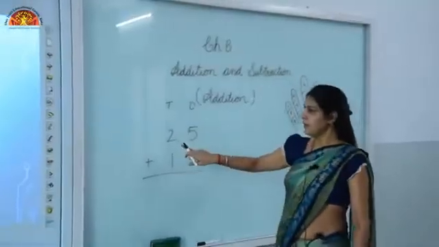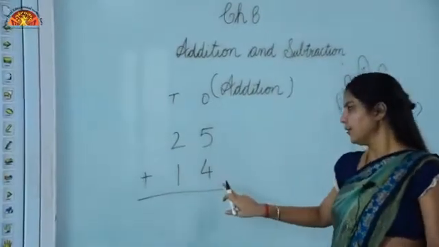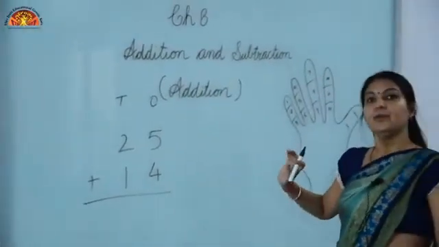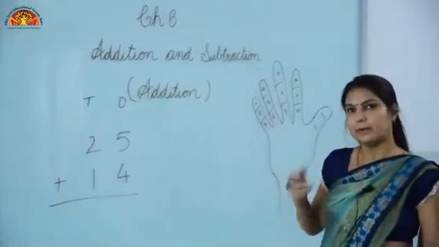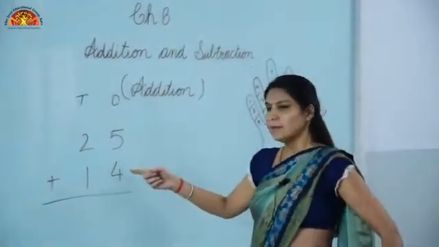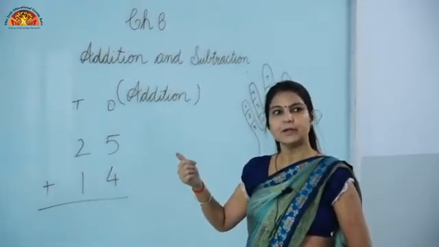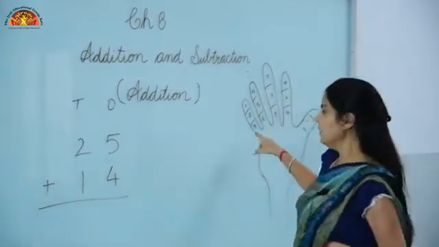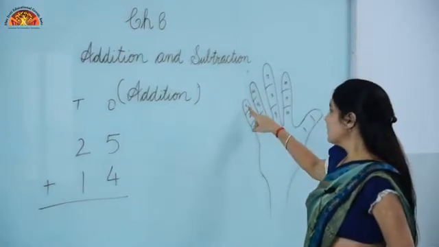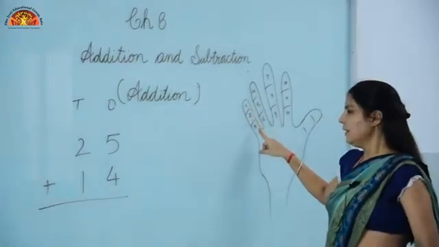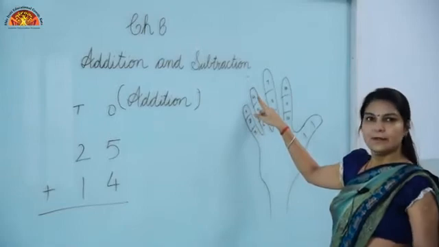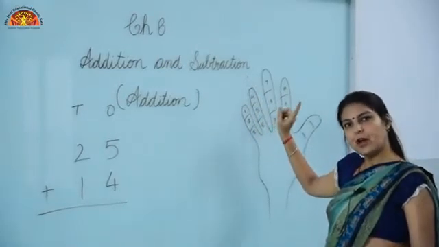Look here. We are going to add 25 and 14. So what will we do? We will keep the bigger number in our mind and move forward to the 4. कहाँ पे जाएंगे? 4 तक, where 4 is coming in your finger. Look here. After 5, 6, 7, 8 and 9. 4 is written here. So we will stop here.